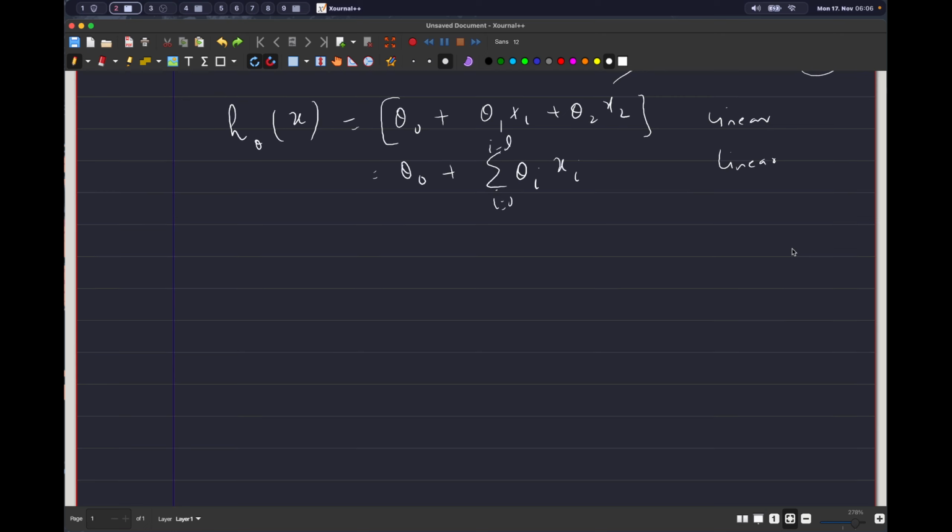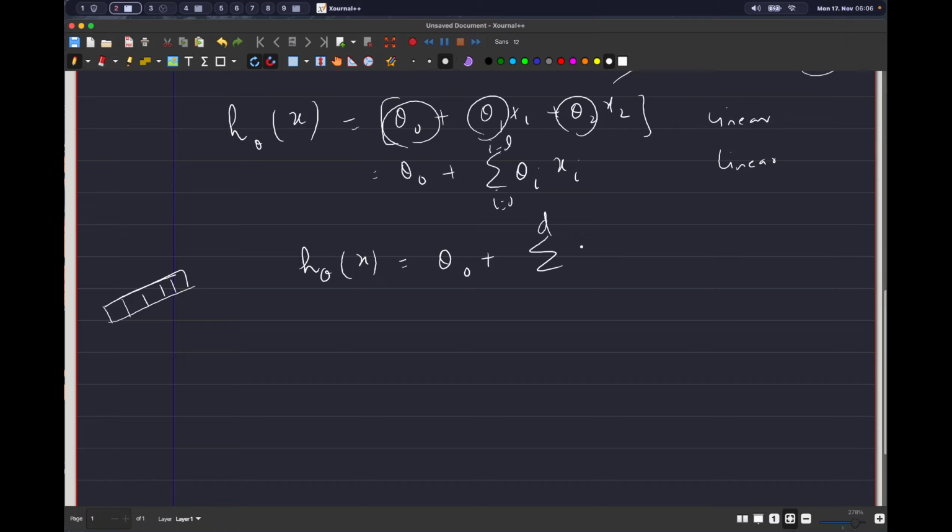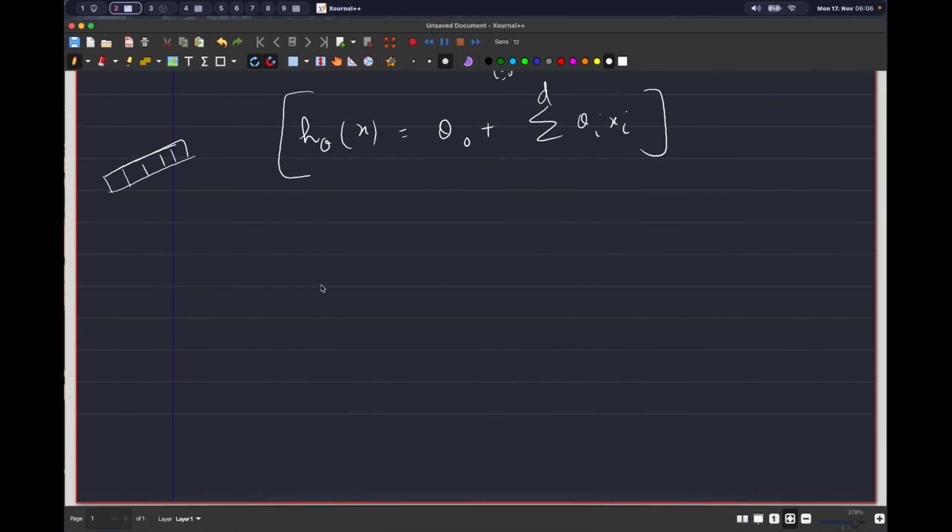All of the terms are linearly related to each other, and we are defining a function that takes x, which will be, let's say, a feature vector of your house, and for that you want to predict the price, and it will have some theta as its properties, and we will multiply and add them together to get the final price. So just to write it again, h theta x will be the sum over i from 0 all the way up to d of theta i times xi. This will be your prediction function, right?